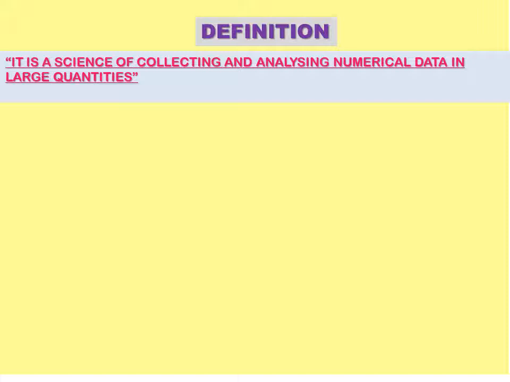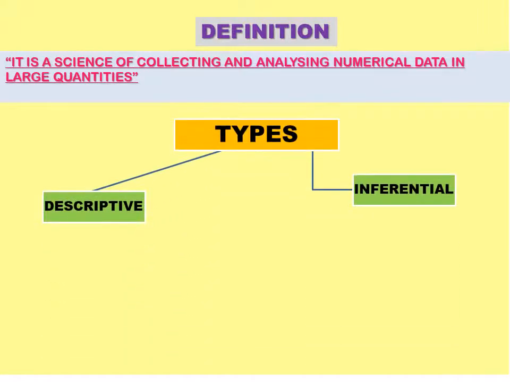It is a science of collecting numerical data, meaning you have to collect the data and then analyze it to find out the results, and that too in large quantities. If your data is given in large quantities, this particular field of mathematics is used to find out the results. There are two types of statistics, descriptive and inferential.